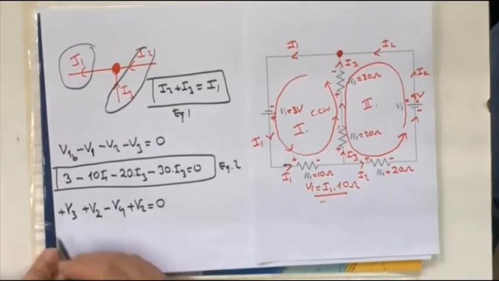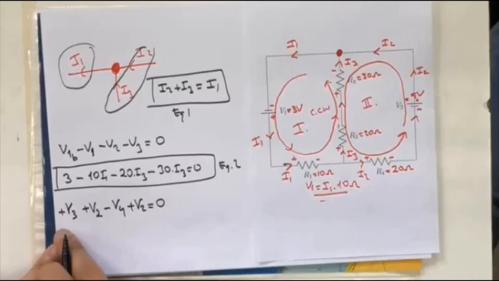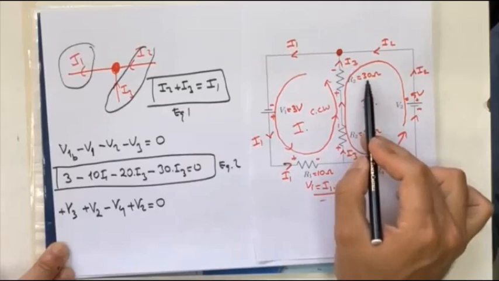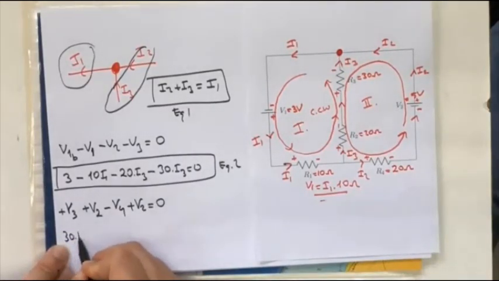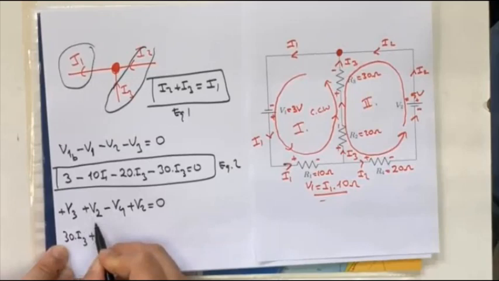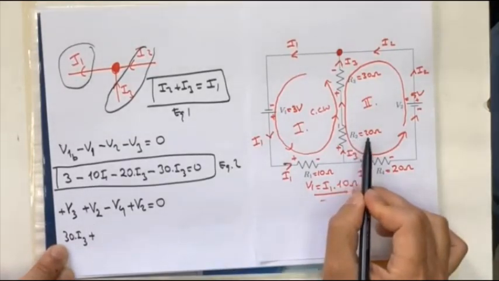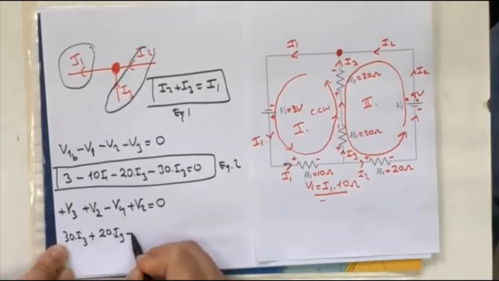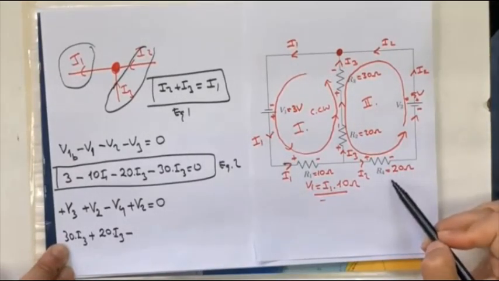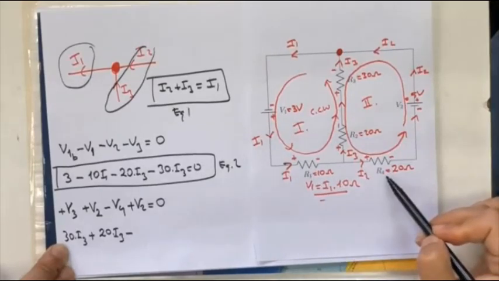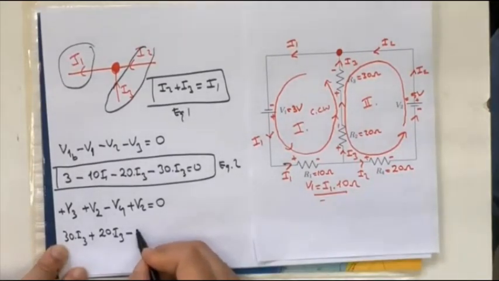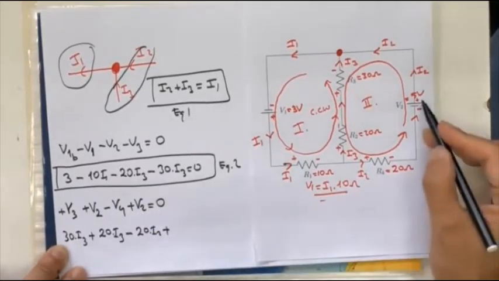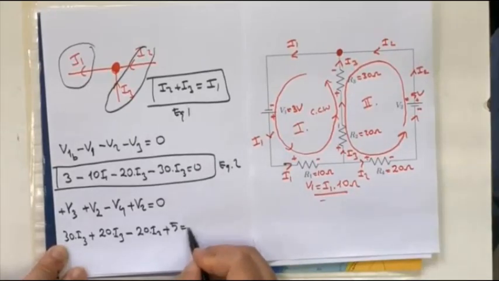Again, in terms of V3, we will write I3 times 30, so it will be 30 times I3, plus, for V2, I3 times 20, so it will be 20 times I3, minus, for V4, we will write I2 times R4, so it will be 20 times I2, plus V2 is 5 volts, so 5, equal to 0.